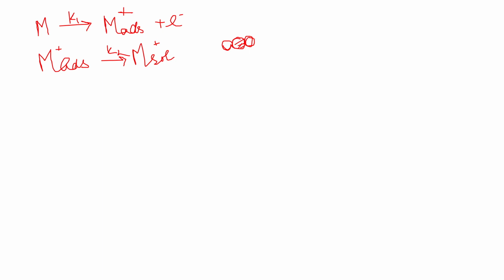These are all the molecules of the metal, which you can consider as M. When it is exposed to the electrolyte, some molecule will have the tendency to give out an electron. This is the state where it has not gone out of the metal surface, but has only given out an electron. It is still staying on the surface, but it has given out an electron.